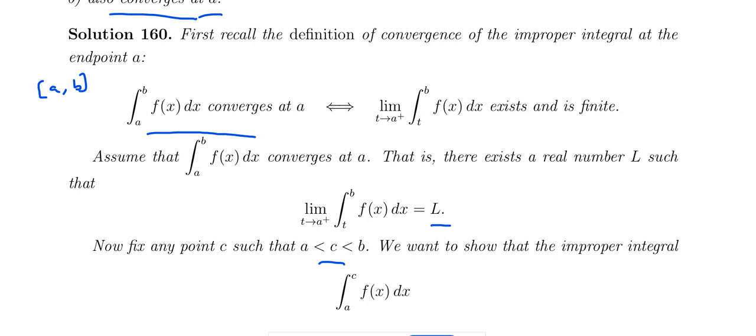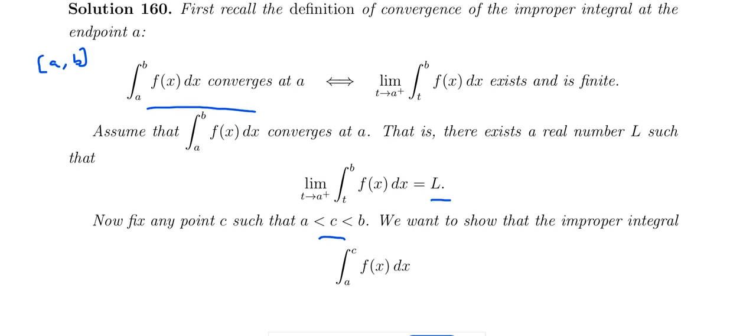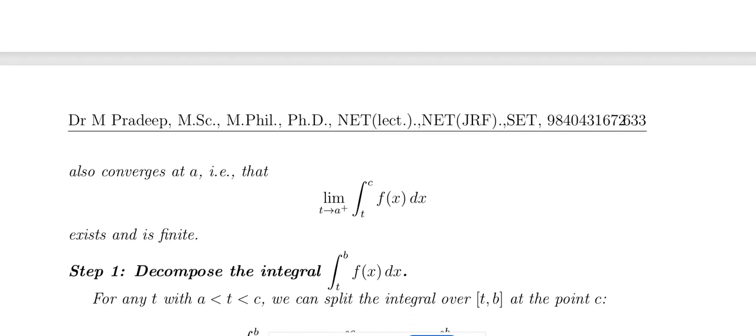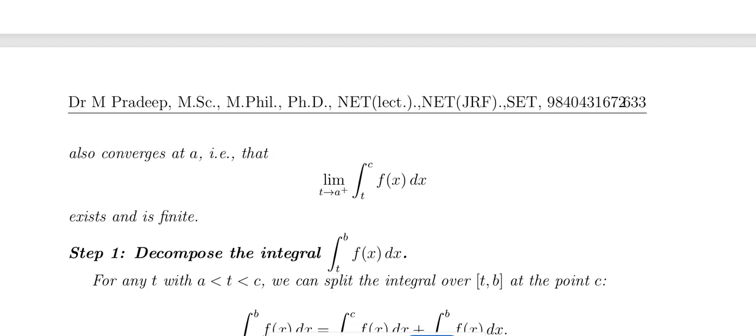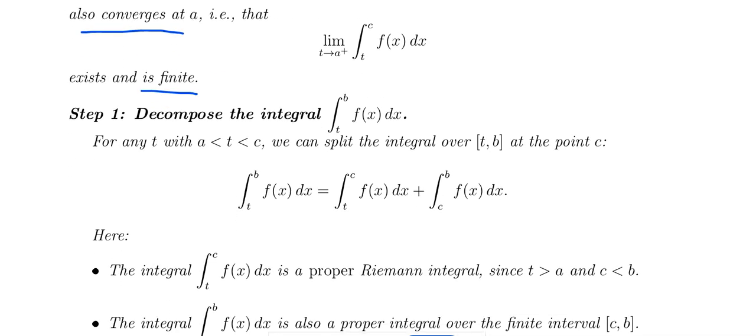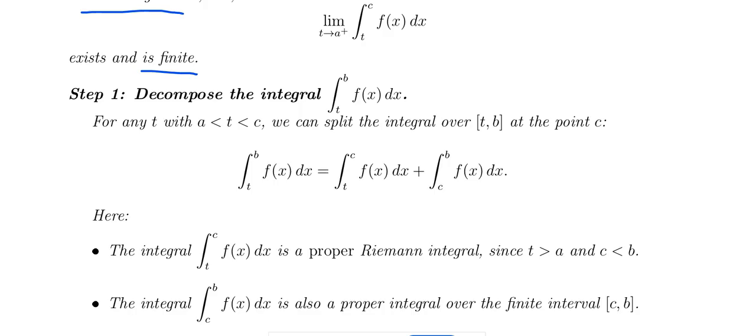Let c be any point in between. We want to show that integral a to c f of x dx also converges at a, that is limit t tends to a plus integral t to c f of x dx exists and is finite. So the integral t to b f of x dx can be split into t to c and c to b.